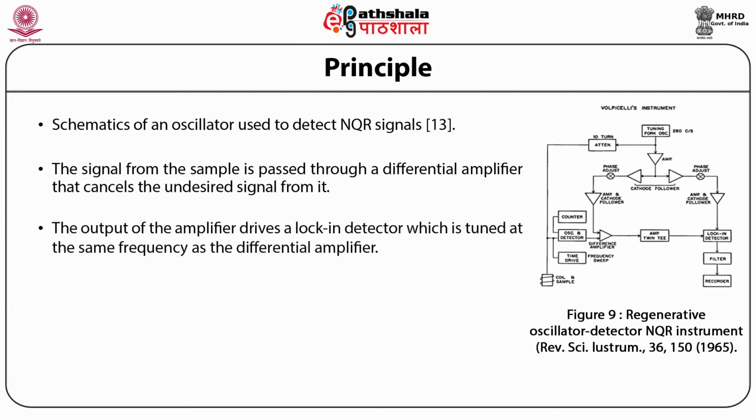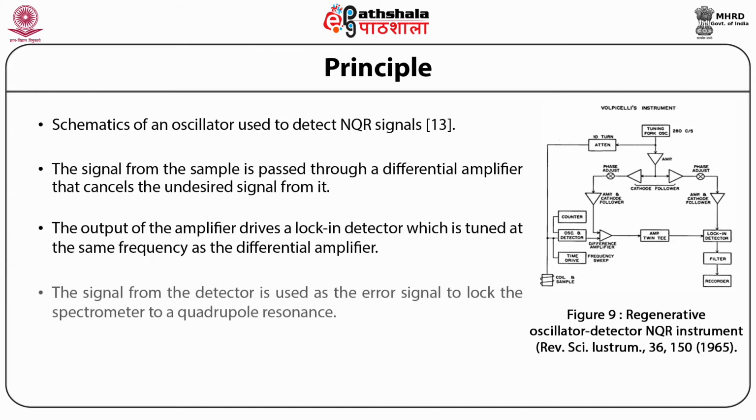The output of the amplifier drives a lock-in detector which is tuned at the same frequency as the differential amplifier. So the signal from the detector is used as the error signal to lock the spectrometer to a quadrupole resonance.